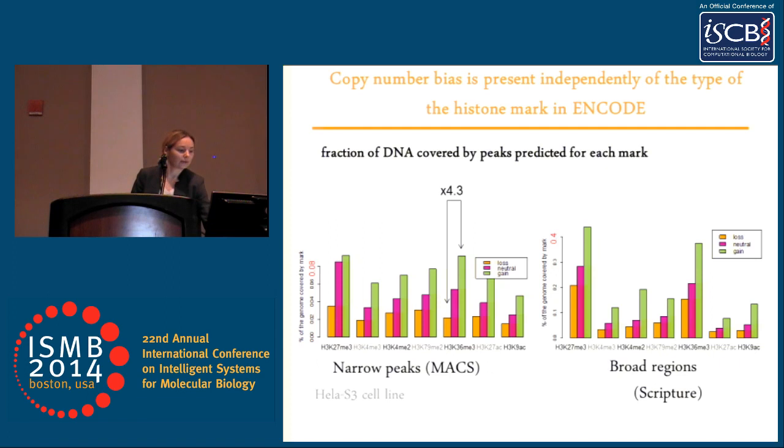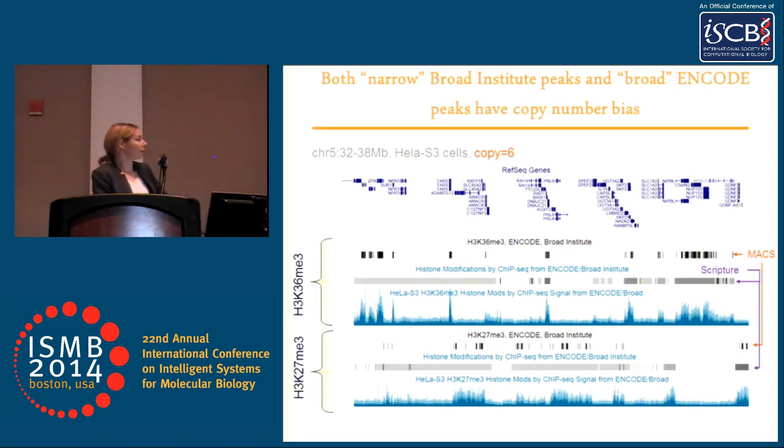So also if we look how it looks in the UCSC genome browser, for example, we go to HeLa cells to the region which is present in 6 copies. This is the read density profile. This is the same region.